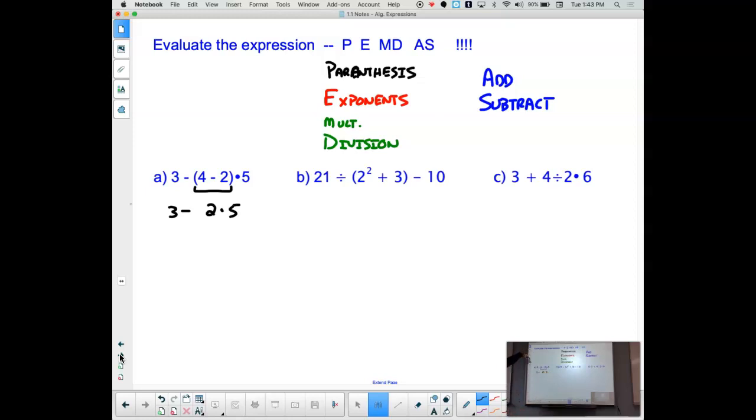Next one, exponents. No exponents to do. Next one, multiplication or division. We can do this multiplication right here. That's going to be 10. 3 minus 10. Add, subtract is left. So we're left off with negative 7 as the evaluation of this one.